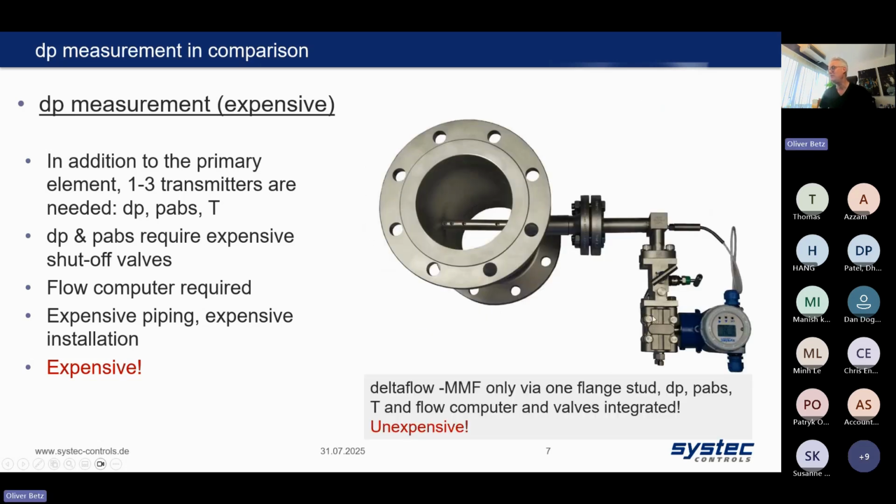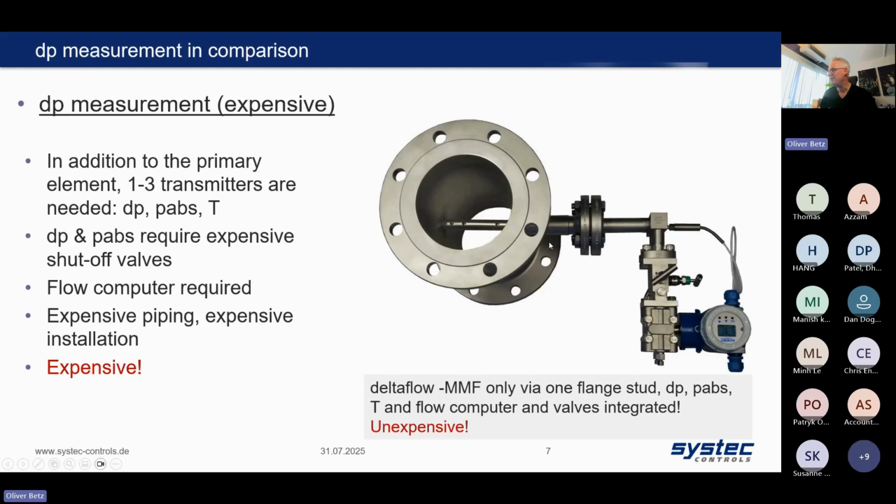Delta flow together with a sys MMF for steam measurement is much more inexpensive. So you can install the delta flow just by one stud in the pipe, in your existing pipe. So no need for a spool piece or for cutting the pipe. You just drill a hole, 25 millimeter, install a flange stud, and with that you have all the measurements inside of the pipe.